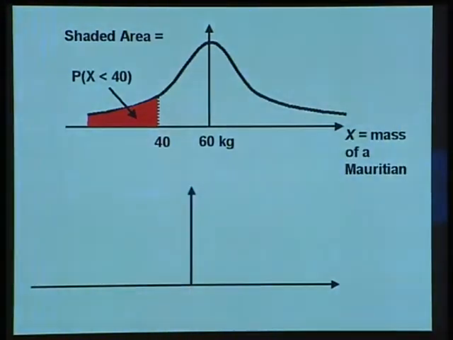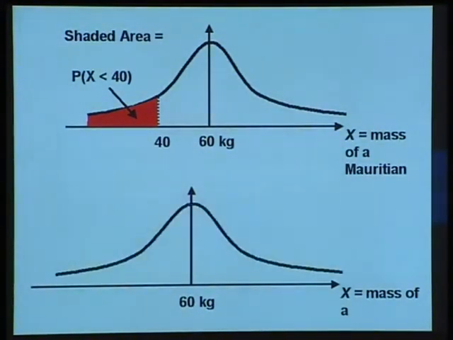Let's take another example. Suppose that we choose a Mauritian at random, and we would like to know what is the probability that the mass of the Mauritian would be between 55 and 65 kilogram. Let's see. The horizontal axis again represents the mass of a Mauritian. The mean mass is 60 kilogram.